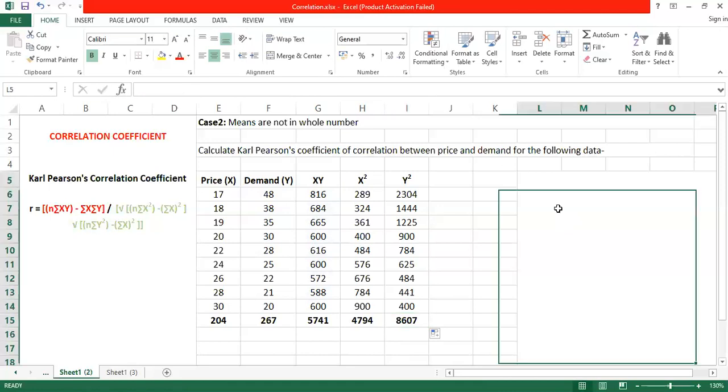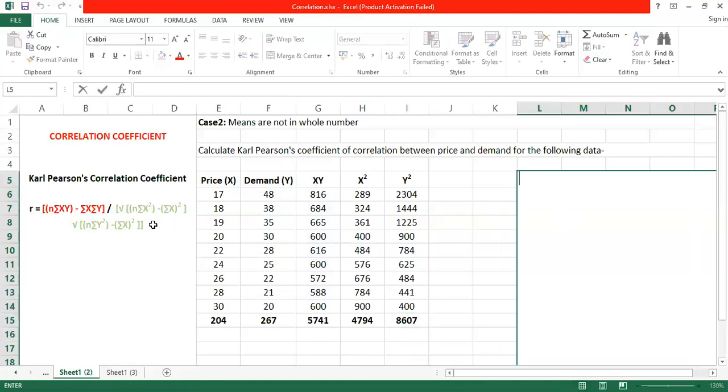So let us try to solve the problem. This is our formula. r equals, now see, it says in bracket n into sigma XY. n is the number of observations. So it is 1, 2, 3, 4, 5, 6, 7, 8, 9. That means it is 9 into sigma XY. So what is our sigma XY?